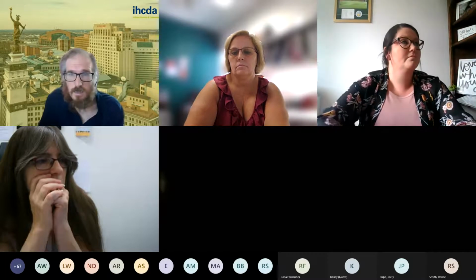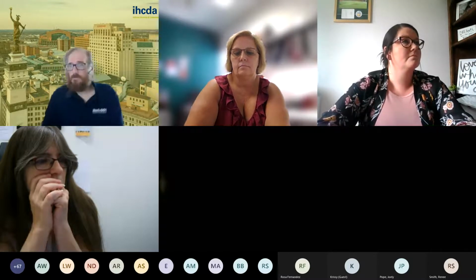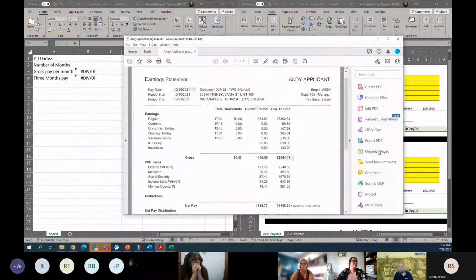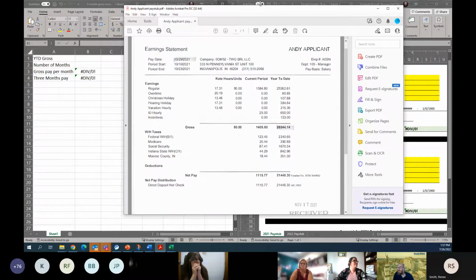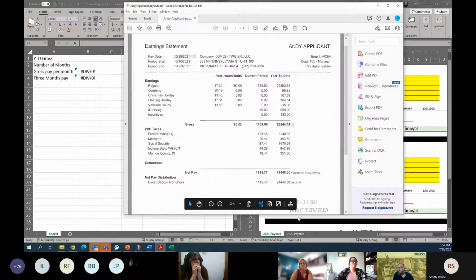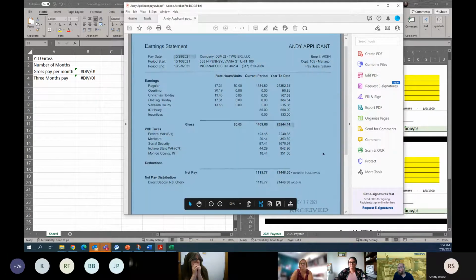All right, so I'm going to go back to sharing my screen here. I have an actual pay stub here from a program year 2022 file.